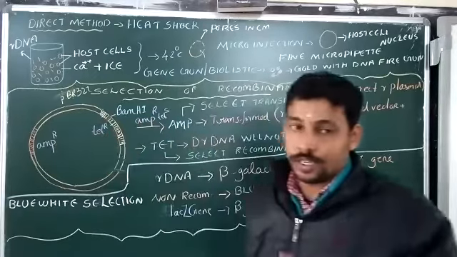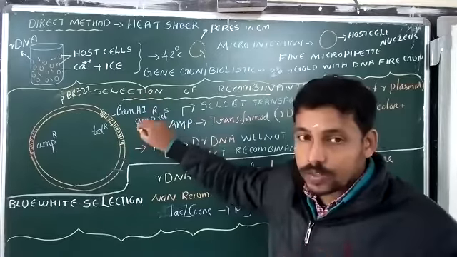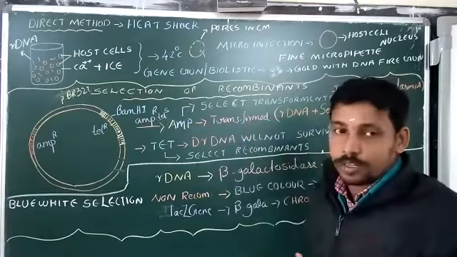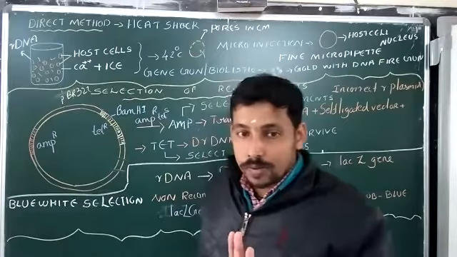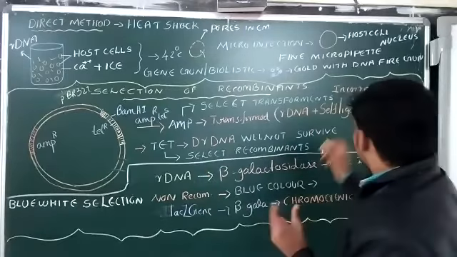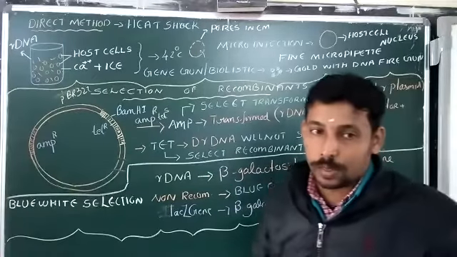Both of the resistance. Okay, so if you are dipping this in the ampicillin containing medium, all these are what? Transformed. They are transformed, but we do not know whether it is the desired DNA or whether it is self-ligated or whether it is incorrect plasmid.